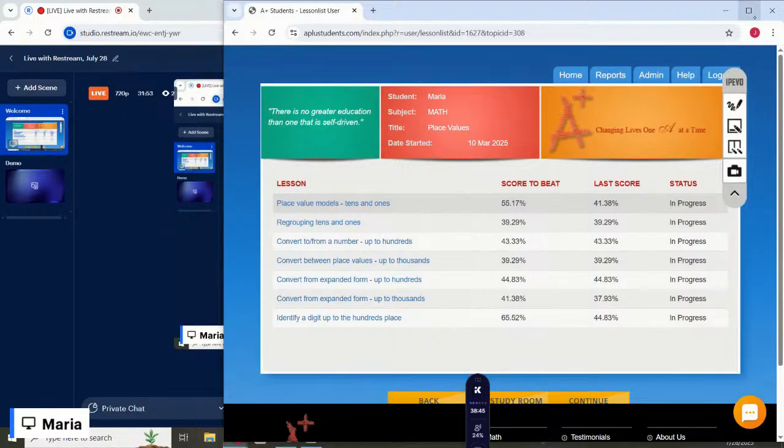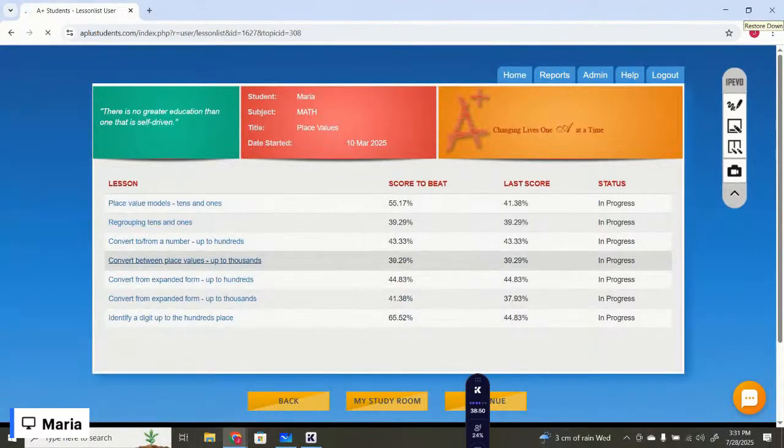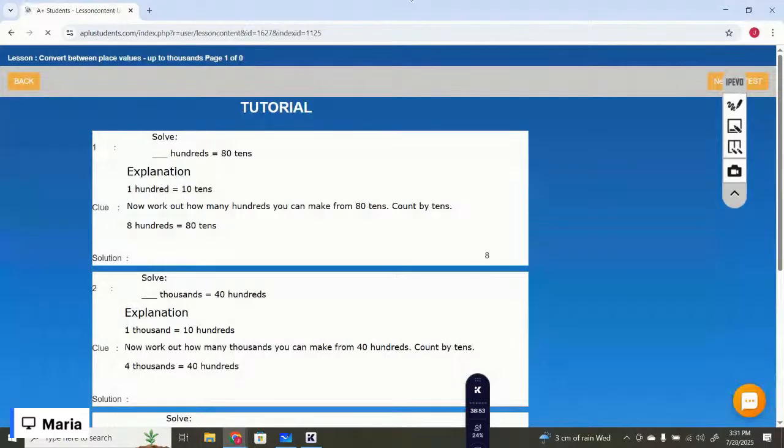The next lesson is convert between place values up to thousands. How many hundreds equal 80 tens? 100 equals 10 tens, right?